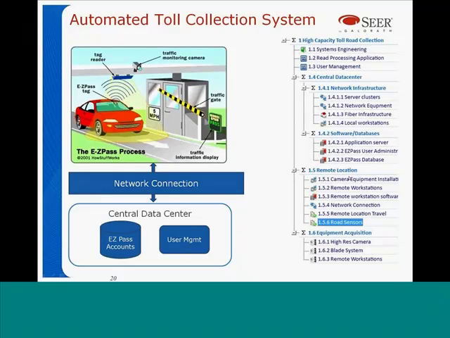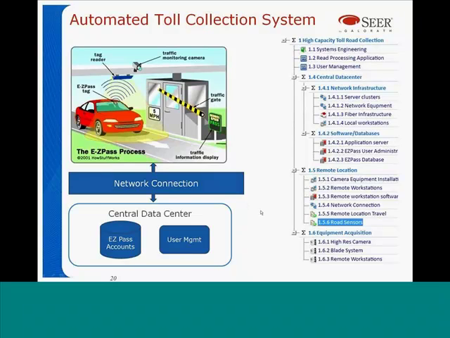And then you have the remote location. In the remote location, you've got your cameras, you've got some sort of workstation probably there that serves as a conduit to send out the data, probably has some sort of software on it. You've got the network connection there that connects that remote location to the network, as well as the various road sensors and cameras and things like that.